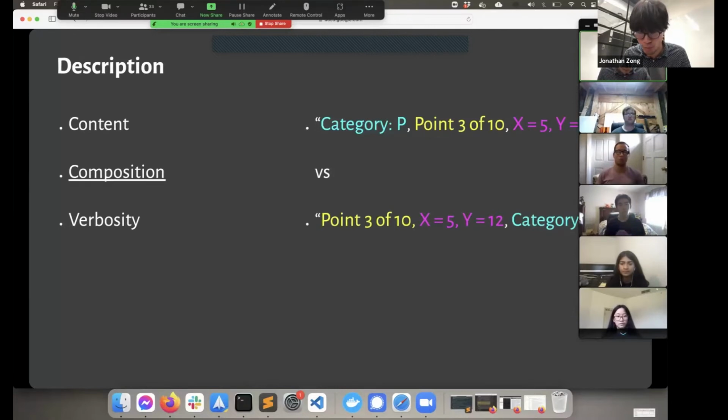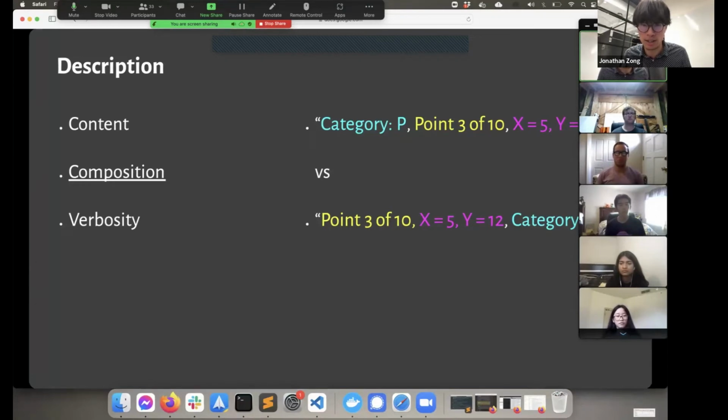And then there's what we're calling composition, which is really just about the ordering of the information. So exactly like that question we got earlier, you can imagine someone who is going through different data points at the bottom level.